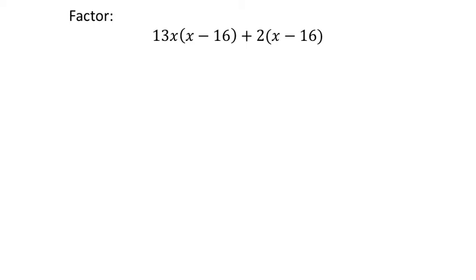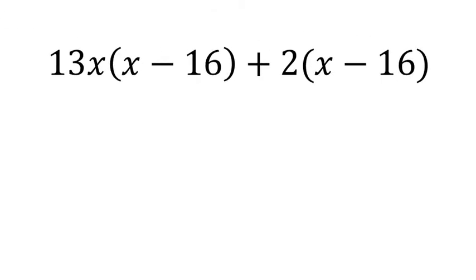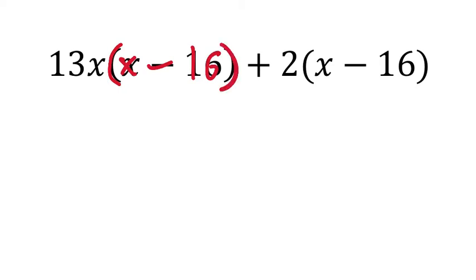Like this one, we see that really what we have here is 2 terms. We've got the 13x times x minus 16. That's 1 term. And then this other term is 2 multiplied by the quantity x minus 16. But one thing I hope that we all notice at this point is that we have an x minus 16 factor for both of these terms.